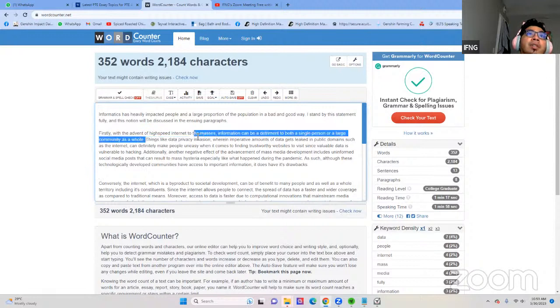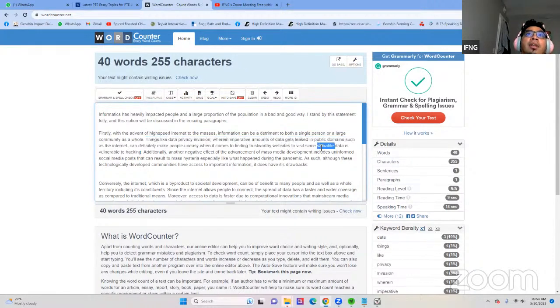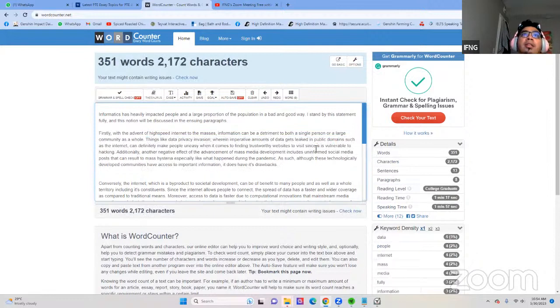Things like data privacy invasion, wherein imperative amounts of data can be leaked to public domains such as the internet, can definitely make people uneasy when it comes to finding trustworthy websites to visit, since valuable data is vulnerable to hacking. Since it may be vulnerable to hackers.